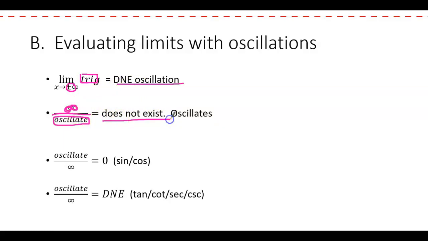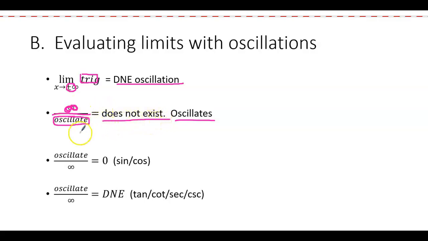It doesn't exist, but it is oscillating nonetheless because every time this thing bounces up and down, that pulls the infinity with it. So the infinity will slightly change as this alters, but there it is. So basically, if you have a trig function on the bottom and something on the top that's going off into infinity, your answer is just going to be the limit does not exist and it oscillates.